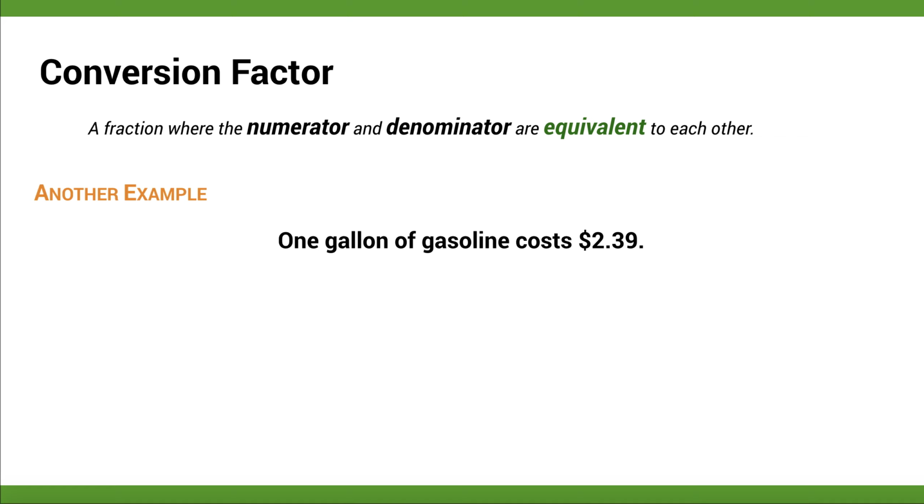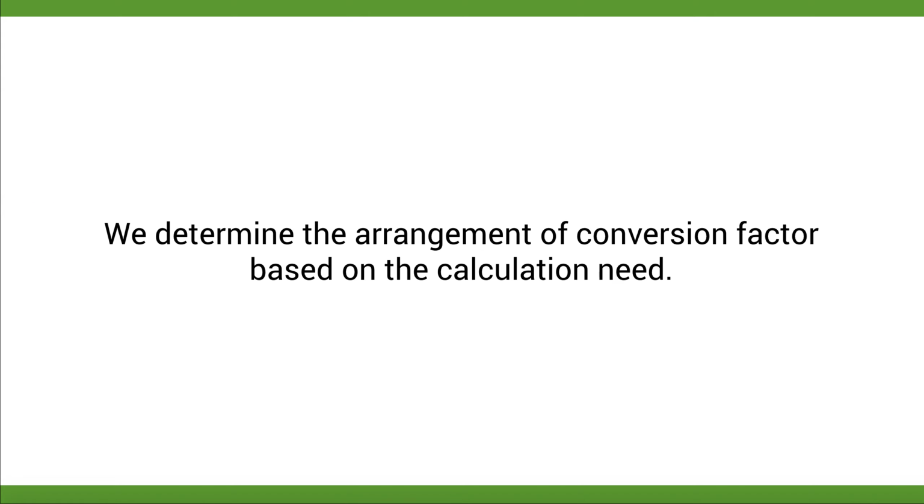Look at the unit: 1 gallon is about volume, and the $2.39 is currency. We can set up the conversion factor like this, with one dimension in the numerator and the other dimension in the denominator. We can also set it up like this. Again, it depends on the situation, so we will take a look at more examples in a moment.